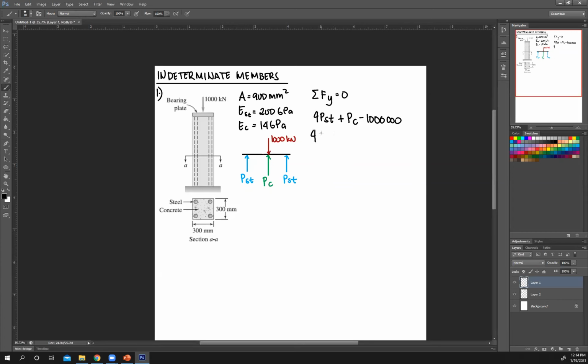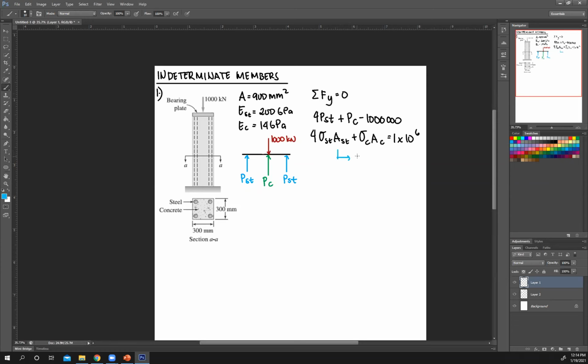So 4 times stress of steel times cross-sectional area of steel, plus stress of concrete times cross-sectional area of concrete, then equals, transpose this to the other side. I'll just write this in scientific notation, okay? So 1 times 10 raised to 6. So now you have your equation number 1.